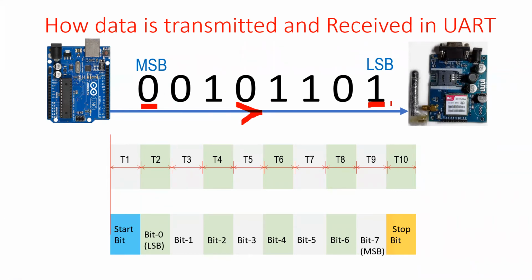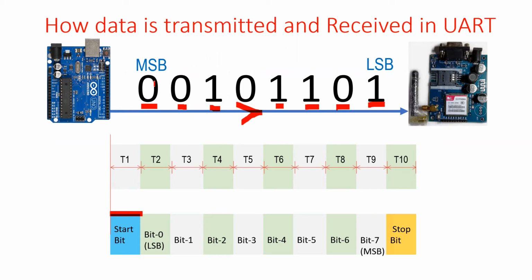When this 8-bit data is transmitted from the Arduino, it first starts with the start bit, which means a 0 is transmitted first, followed by the least significant bit, which is a 1, followed by 0, 1, 1, 0, 1, 0, and finally the most significant bit.